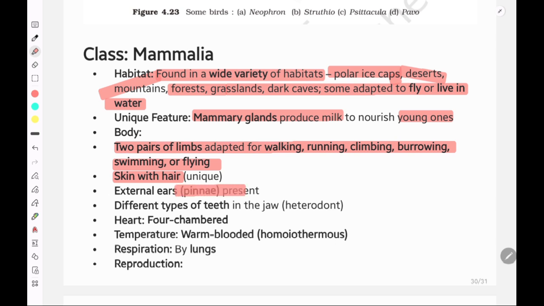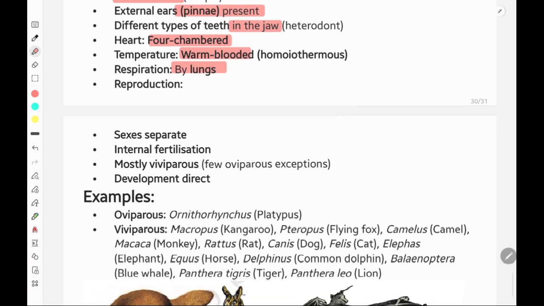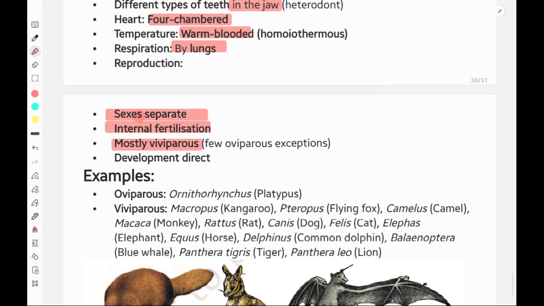They have an external ear, the pinna, and different types of teeth. They are heterodonts. They have a four-chamber heart and they are warm-blooded. They respire through lungs. For reproduction, they have separate sexes, fertilization is internal, and most of them are viviparous, which means they give birth to their young ones, except a few, for example the platypus.